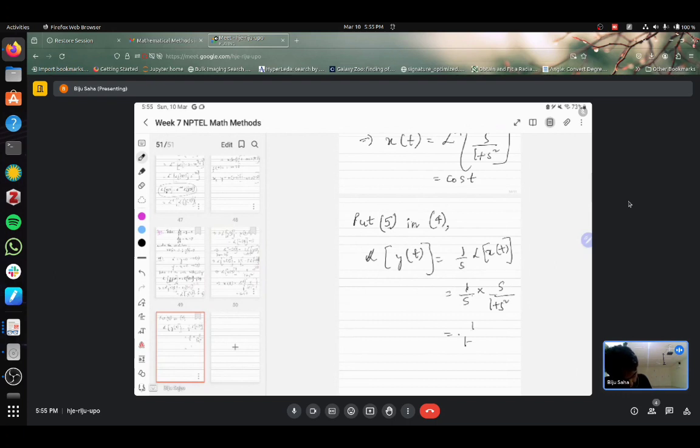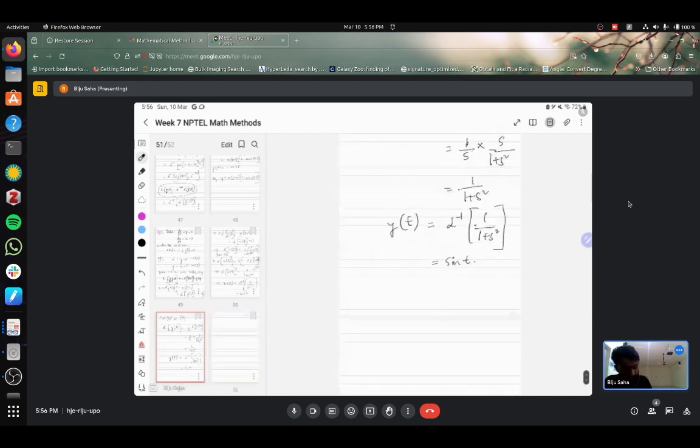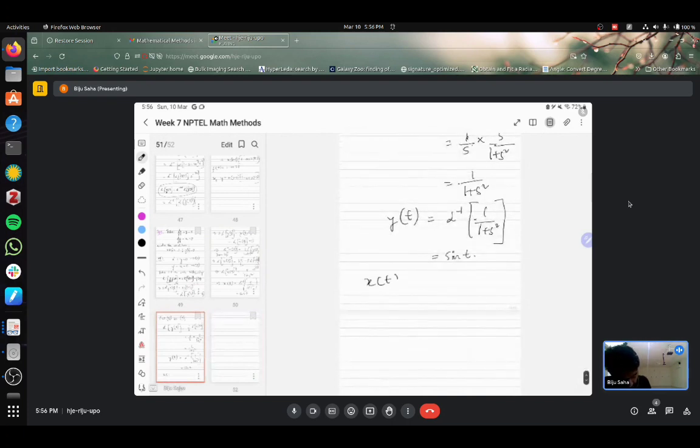So this is the Laplace inverse of 1 by 1 plus s square, which is my sine function, sin t. So you have obtained x(t) and y(t), which is what you have to obtain. x(t) is equal to cos t and y(t) is equal to sin t.